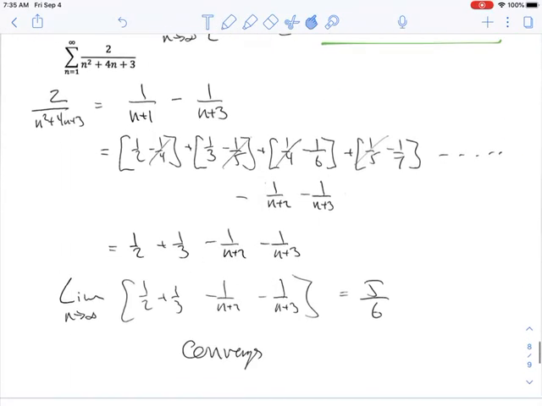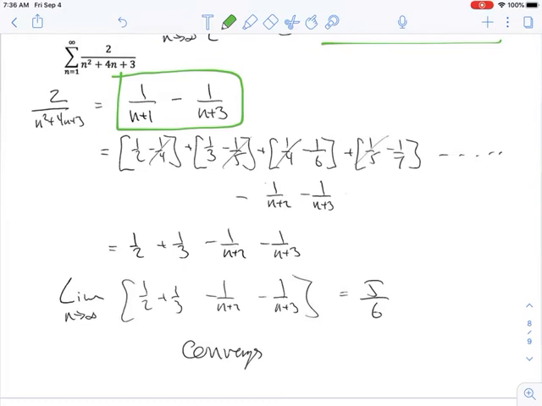Let's take a look at the second example. In the second example, I don't go through the partial fraction decomposition. In fact, I kind of leave a lot to your imagination here, because you just have to kind of write out all of these terms. So this is what we get when we do the partial fraction decomposition.